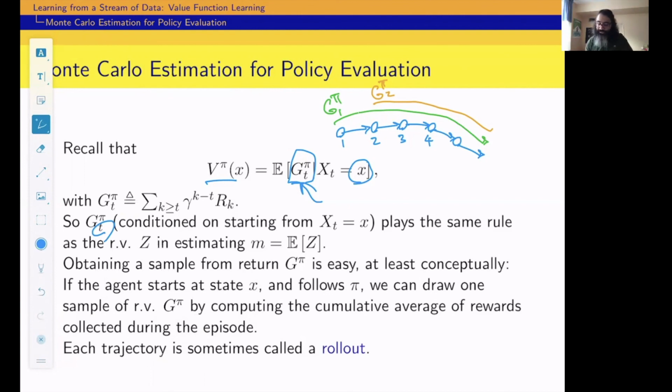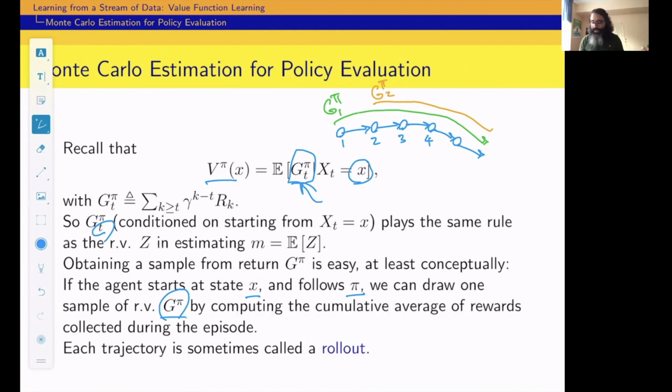If the agent starts at state X and follows policy pi, then we can draw one sample of the random variable G pi by computing the rewards that the agent gets through the trajectory, through the episode, and adding them. That would be one unbiased estimate of the value function. And we can do this process many times.